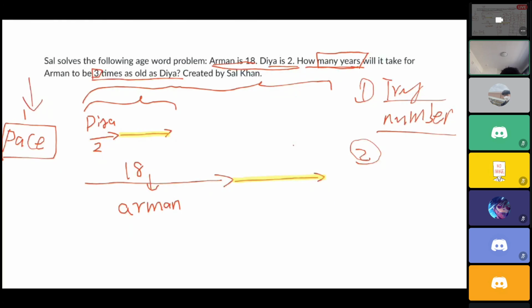Second, trying to figure out relationships. Yeah, like relationship with your girlfriend or something. According to the questions, like 18 divided by 9, for example. 18 divided by 9, 2 equals 9. At the end, it's going to be 3.